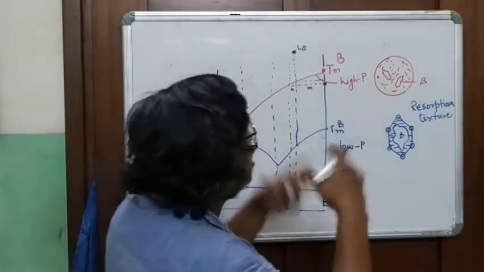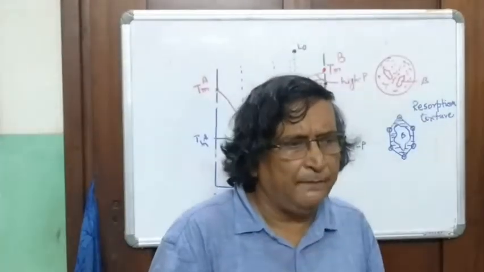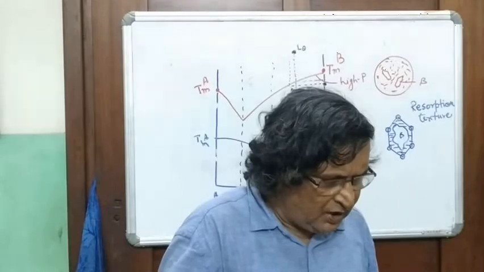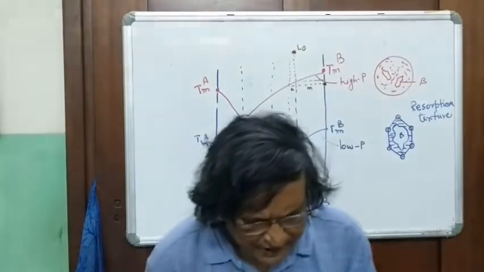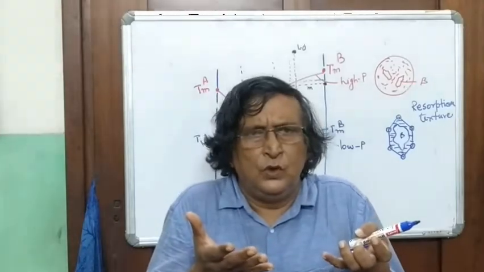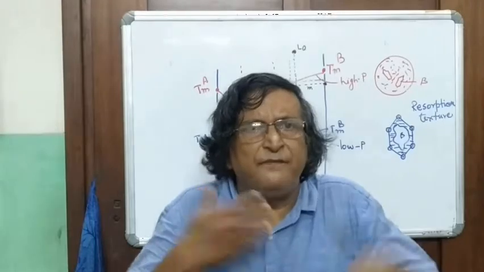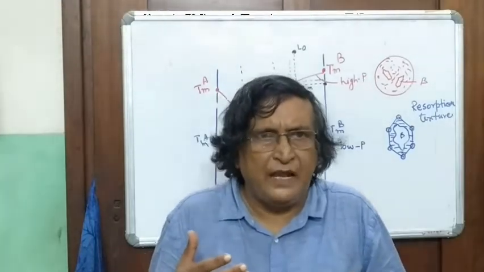So if you do not allow, say for example, your change from high pressure to low pressure was quite slow or fast. If it was very fast, then all of the B will not be able to go into melt.